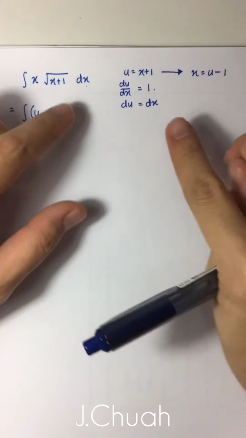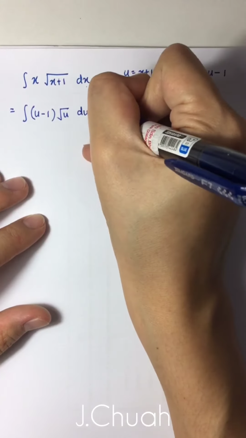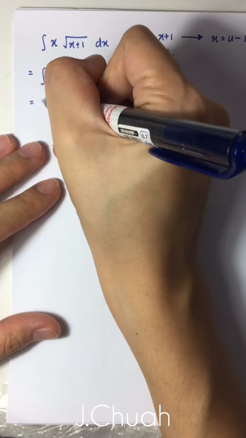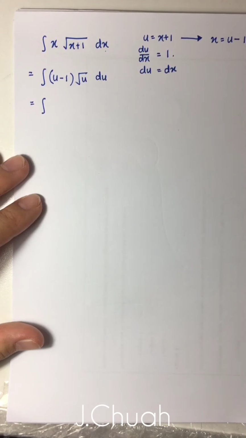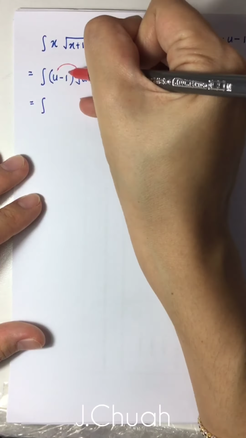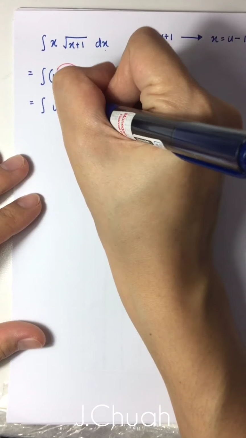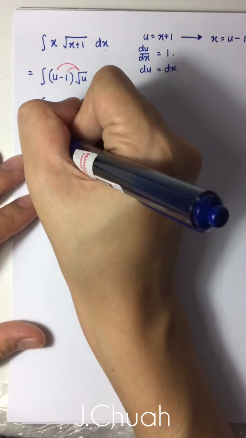What is dx? dx is actually du. And then you can continue to simplify this. You can multiply them. So you will have u square root of u minus square root of u du.